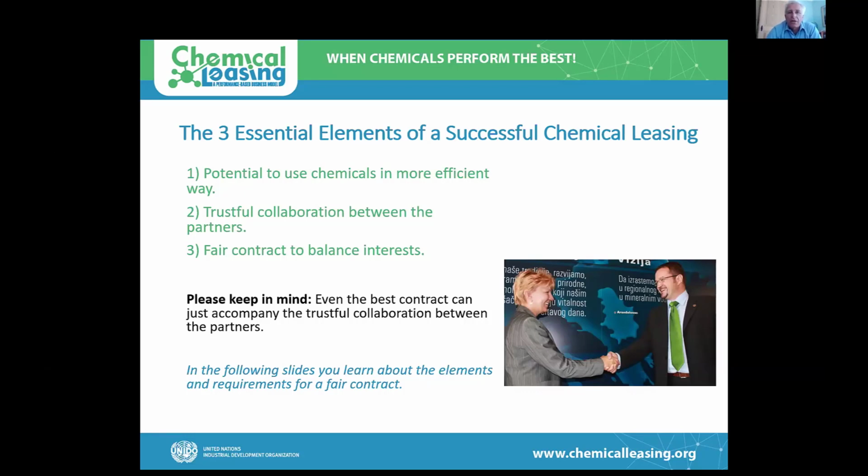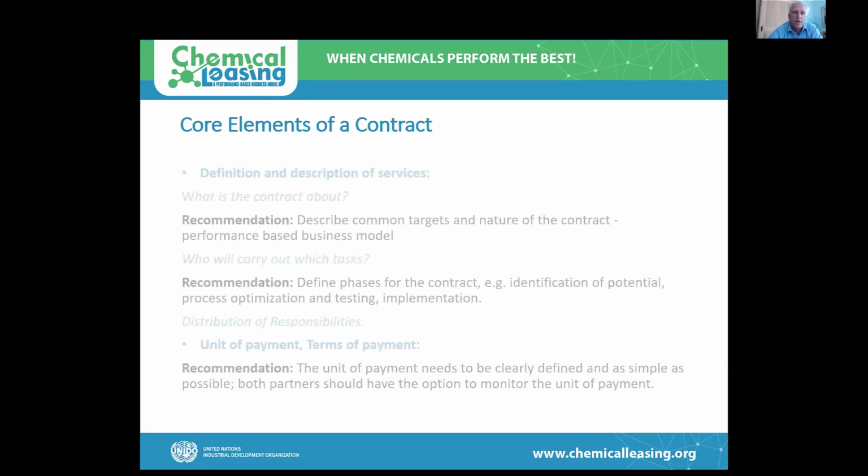But please keep in mind what is written on this slide. Even the best contract can just accompany the trustful collaboration between the partners. That means a contract is important, but chemical leasing is mainly based on having a good and fruitful collaboration with your partners.